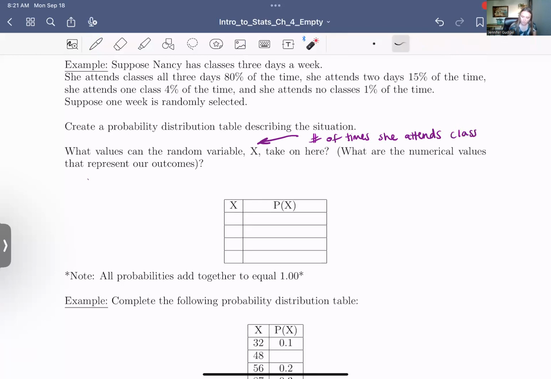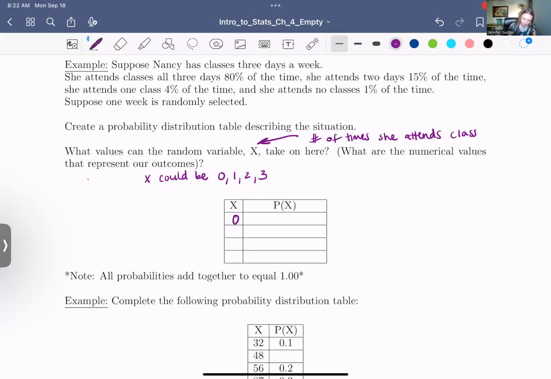Meaning that these x's we're seeing here could be 0. She didn't attend at all, all the way until 3, she attended every day of the week and anything in between. So the random variable x could be 0, 1, 2, or 3. Any of those values.